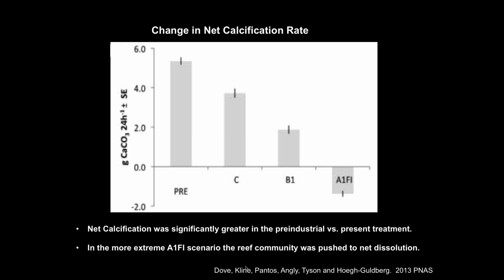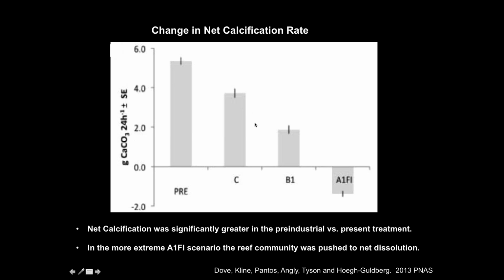But basically, the big story is that when we looked at the changes in net calcification rate, one very interesting result is that the pre-industrial mesocosms had significantly higher net calcification rates than the controls, which suggests that if we went 200 years back in time, coral reefs were likely growing faster and better than they are now.